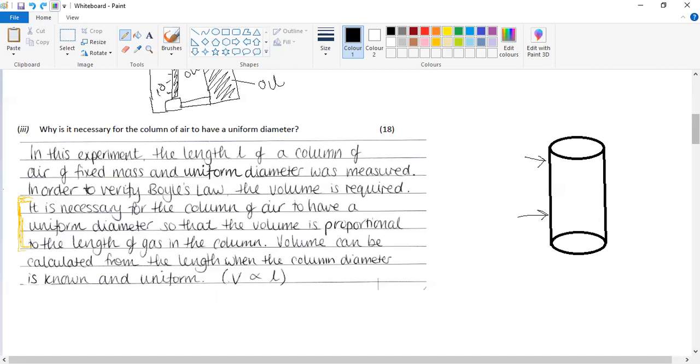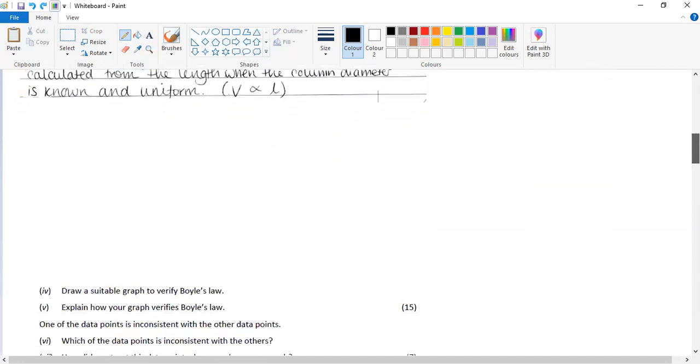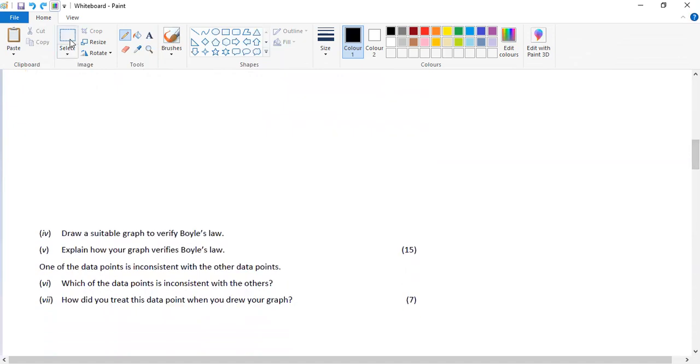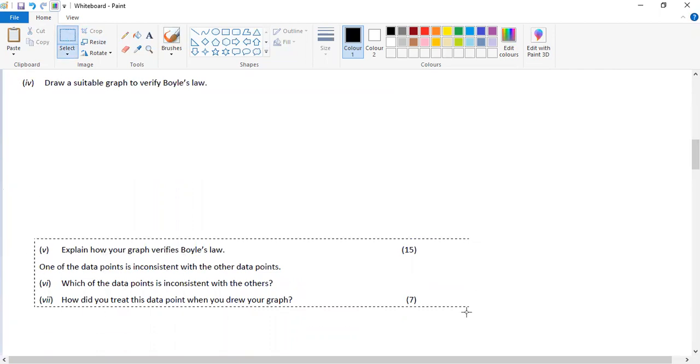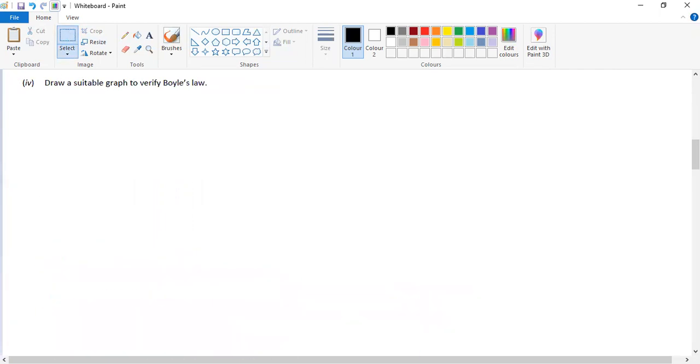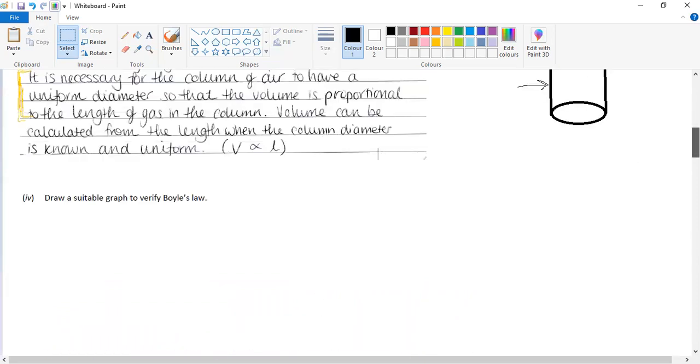All right. The next part is a little bit more standard fare of experiment questions. We are being asked to draw a suitable graph to verify Boyle's law. I'm going to give this a little bit more space. We're going to have to do a little bit of calculating on our data, and that's just fine, but we need to have a little space for it.